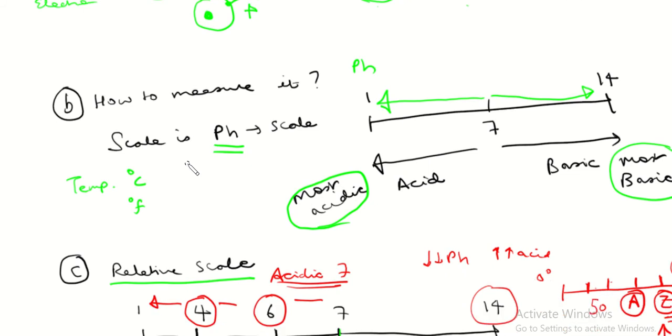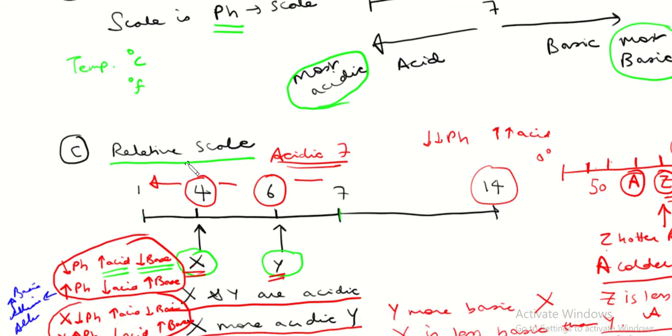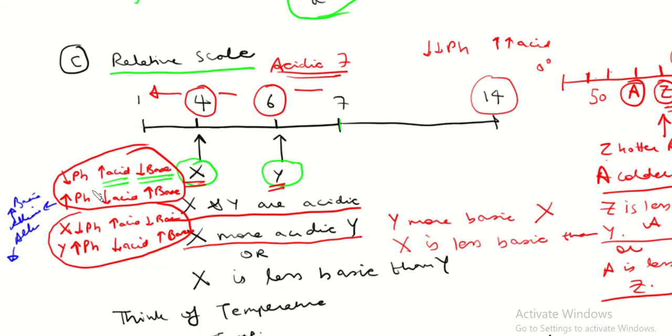We talked about how to measure it on a pH scale. We talked about high pH, and again, we compared it to the temperature, right? We talked about a relative scale. So in other words, how one compound, even though both are on the acidic side, one of them could be more acidic than the other.